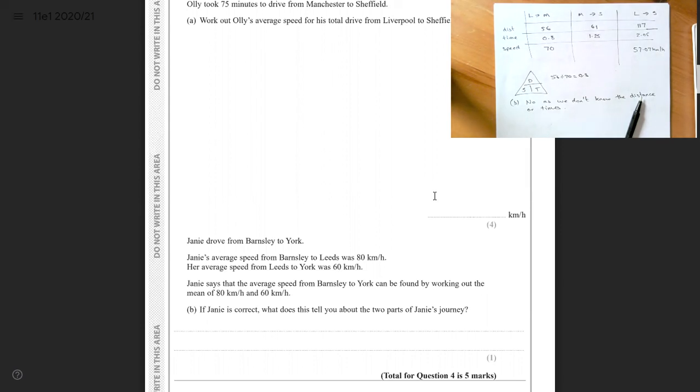If you travel for an hour at 80 kilometres per hour and then for an hour at 60 kilometres per hour, then yes, you could. But as we don't know the distances or times, we can't just find the mean. We would need to work out the times taken and total distance travelled to work out the average speed.